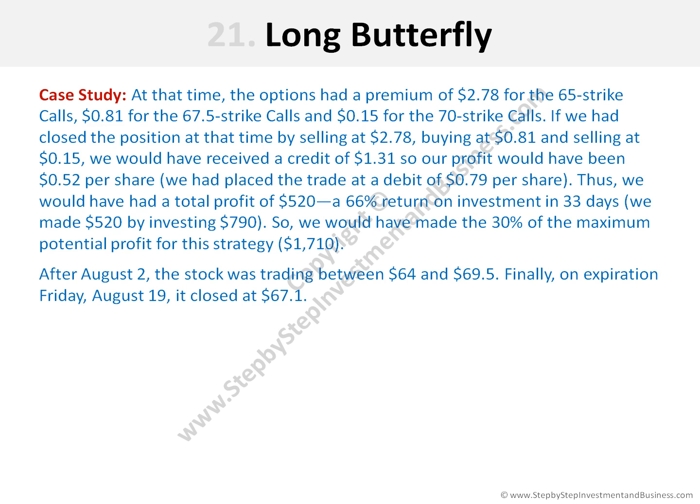Thus, we would have had a total profit of $520, making a 66% return on investment in 33 days. That is, we made $520 by investing $790. So, we would have made 30% of the maximum potential profit for this strategy, which was $1,710.